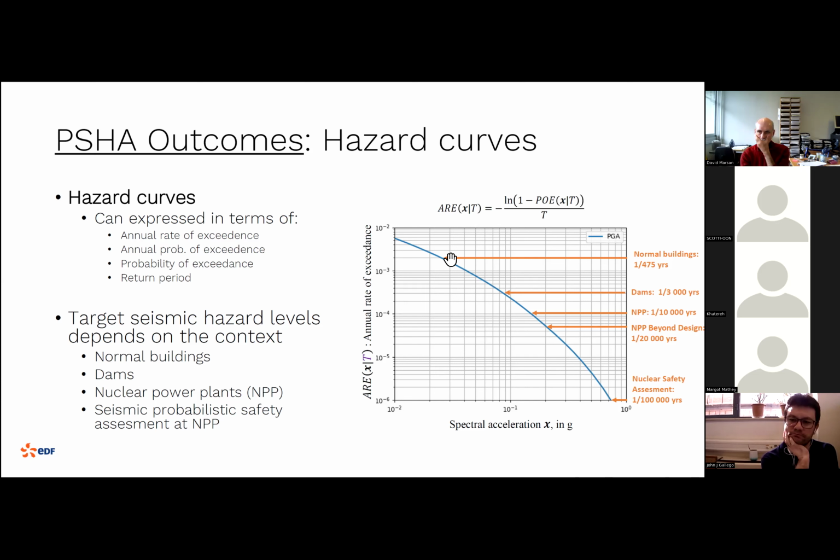But the more critical your infrastructure, the longer the return period, and consequently the higher the spectral acceleration. For example, for a nuclear power plant, we often consider a 10,000-year return period. So you see that correspondingly the acceleration levels considered are much higher than those considered for normal buildings.